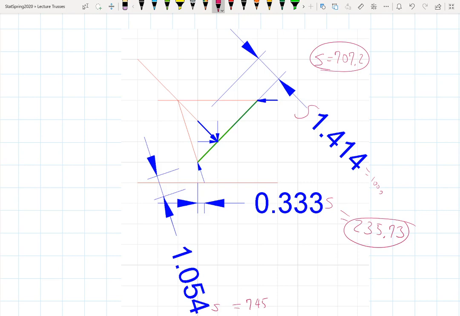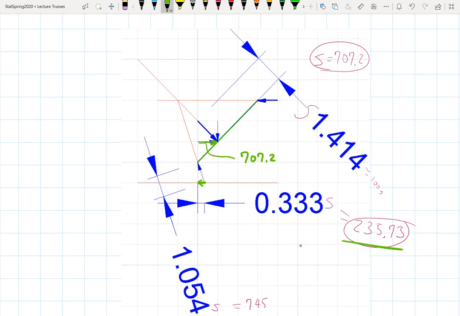Which means that this, okay, let's look at this. So you get a component going this way. Actually, that's too close to the color. I'll do green. So I get a component going that way. That is in fact 235. I have a component going this way, which is in fact 707.2, because this distance is 1, and the scale.